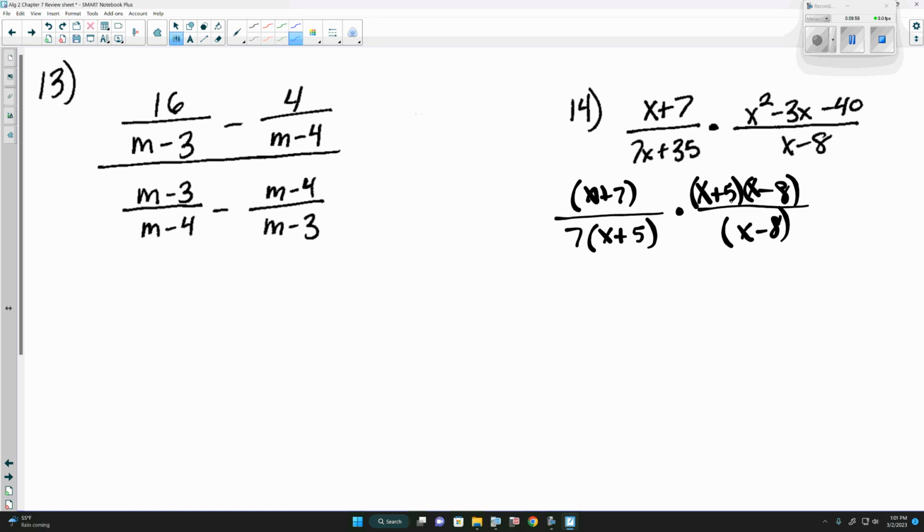Mainly because, since we don't have a number in front of x, we want the bigger factor of 40 to be negative, which would be our 8. 5 would be the positive, but also with that, it does give us an x minus 8 in common on top and bottom. And when we multiply them together, the x plus 5 and x plus 5 would be in common, leaving us with x plus 7 over 7.